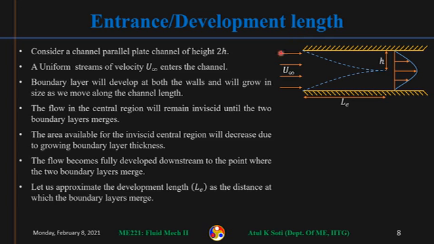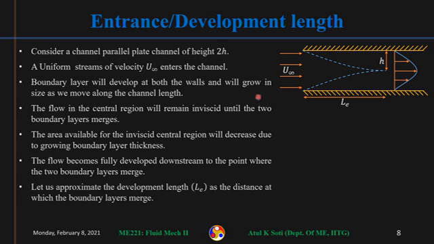So what will happen is, as soon as this free stream enters the channel, it will interact with the wall, and then boundary layer will start forming at the walls.